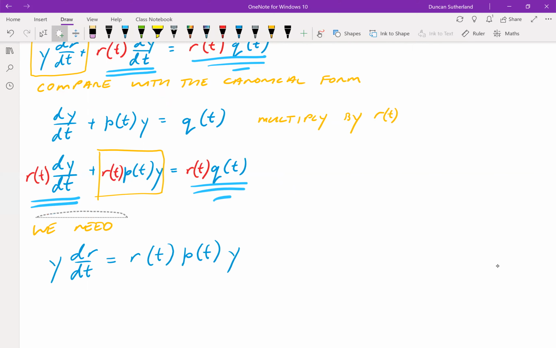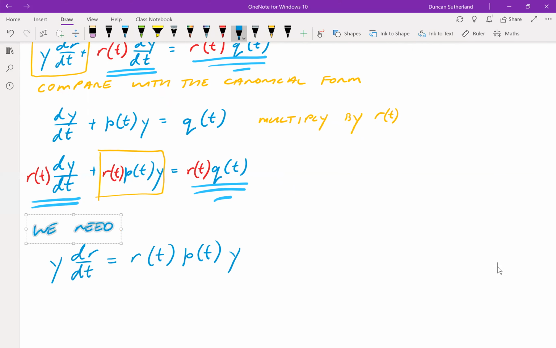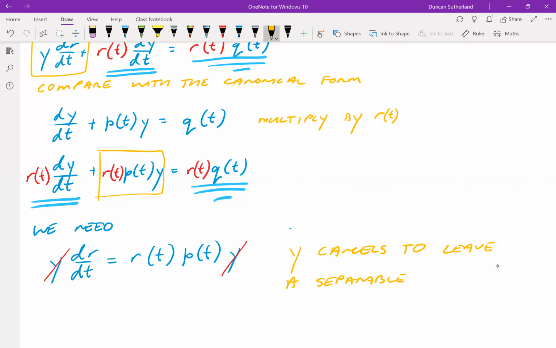If we're to get what we want, this equation must be true. The y's cancel. And we have a separable ODE.